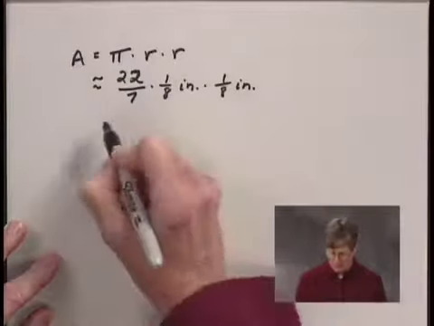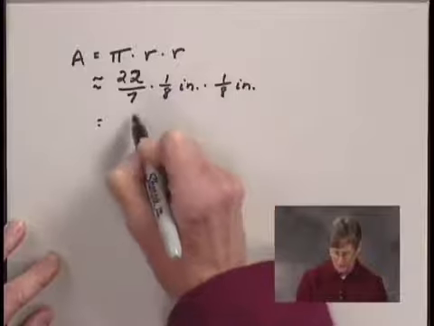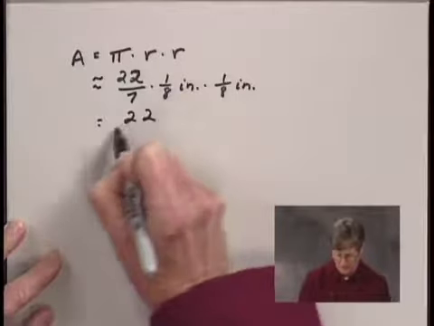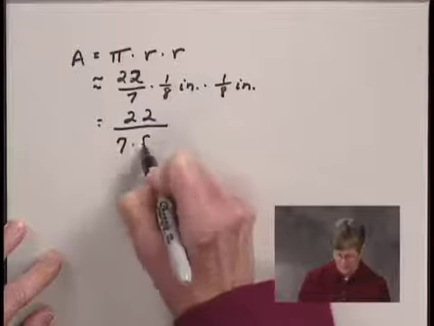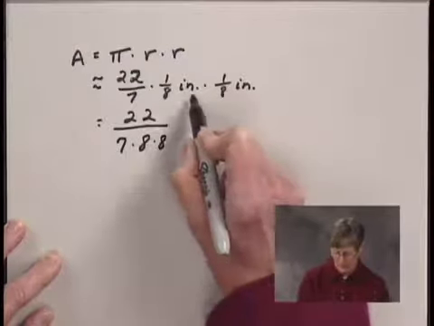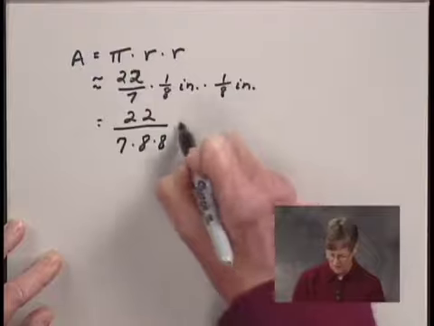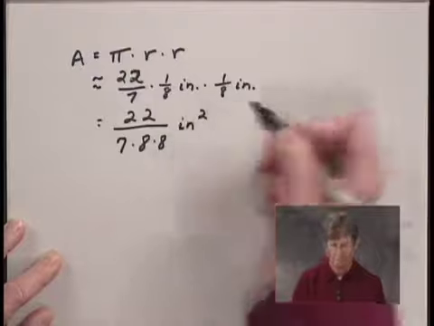And doing this multiplication, 22 times 1 is 22. And in the denominator, I have 7 times 8 times 8. And I have inches times inches, which is inches squared, or square inches.